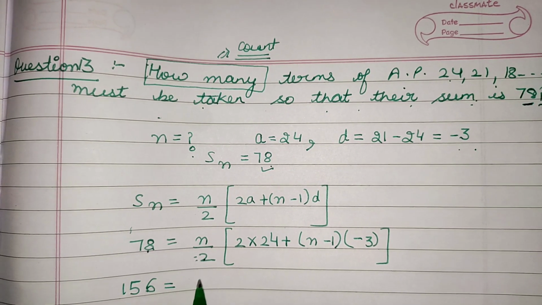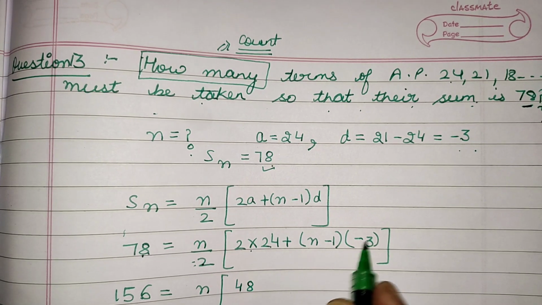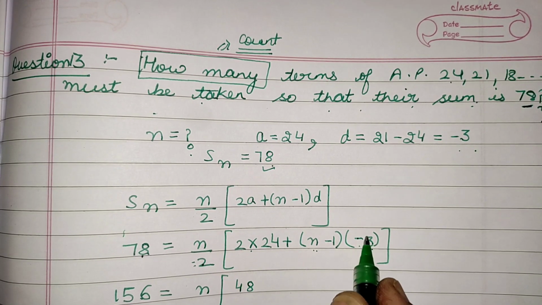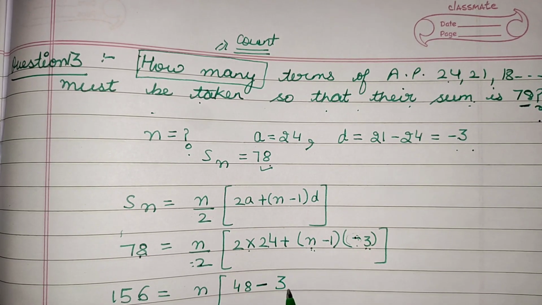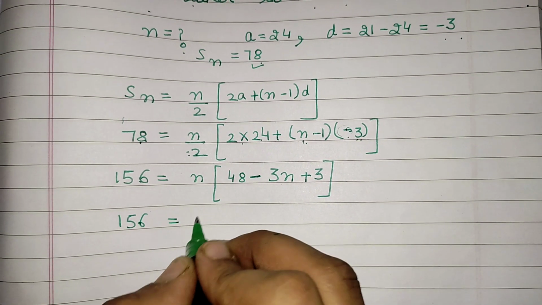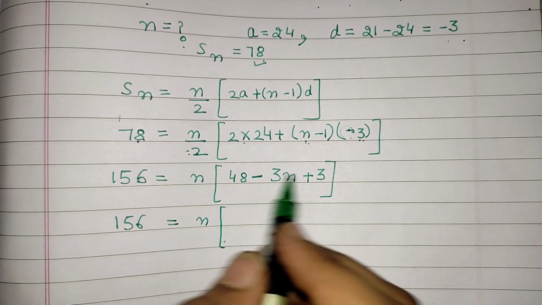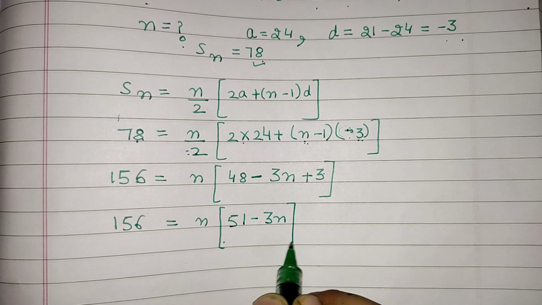my answer will be 156 = n into 48, and then solve this bracket part. This is a minus sign, so plus times minus becomes minus, and it becomes minus 3n and plus 3. So I will get 156 = n into (48 plus 3 is 51, minus 3n).